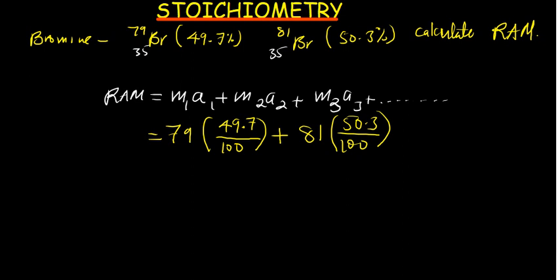So that is going to give us 80.006. This is the relative atomic mass for bromine. Let's see what is given on the periodic table for bromine.